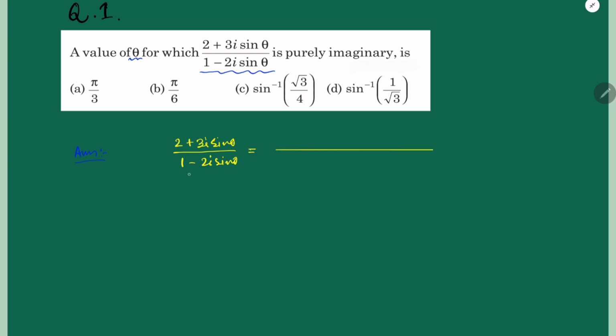We multiply the conjugate of the denominator with the numerator and denominator. The conjugate of this number is the same, but the minus will be plus. Before i, the imaginary part, the sign will be changed.